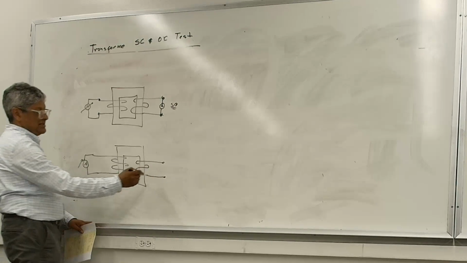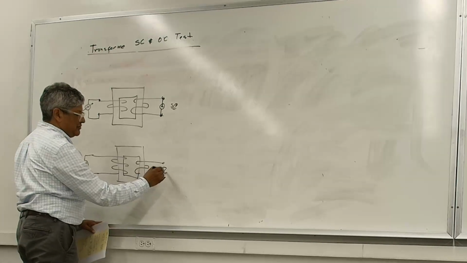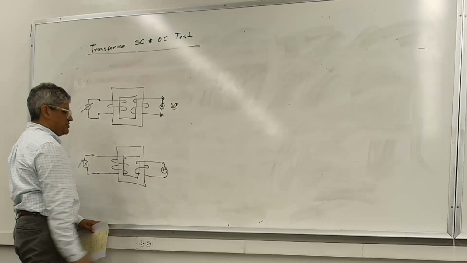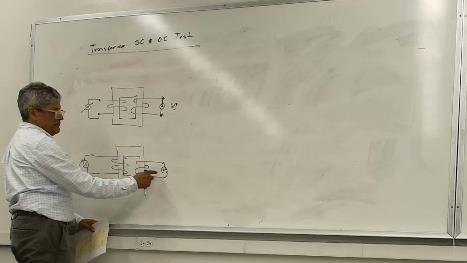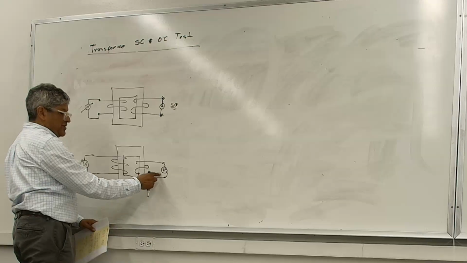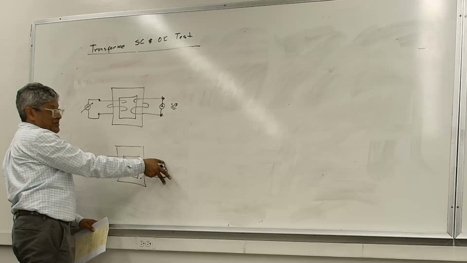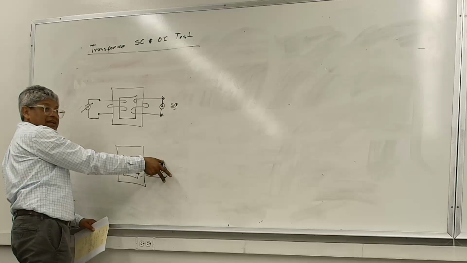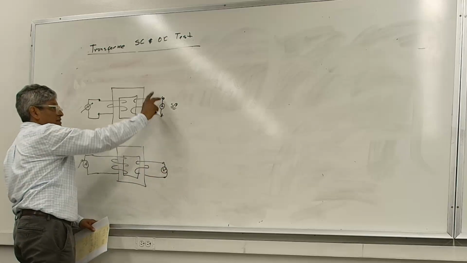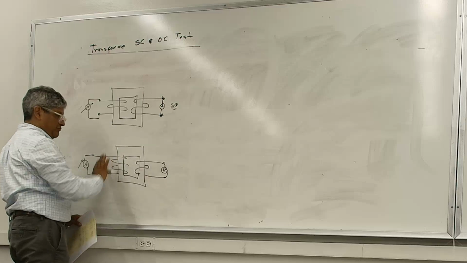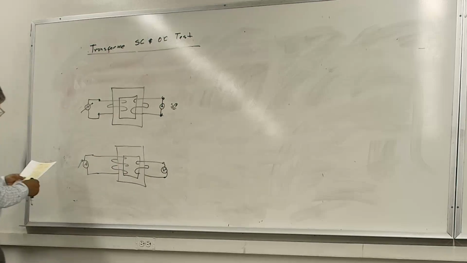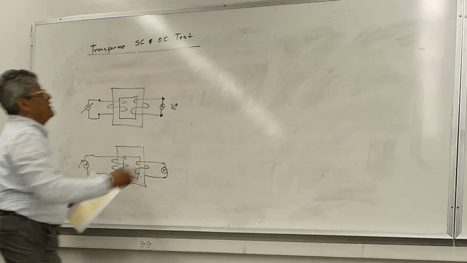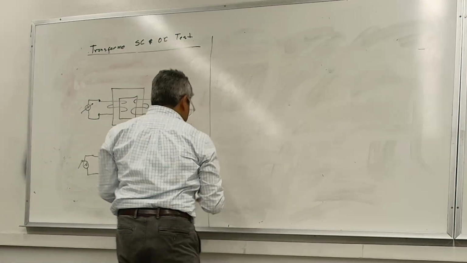I have a voltage measurement across it. The voltmeter has a very high impedance, so for all practical purposes, when you put it across, it looks like an open circuit, and a low impedance looks like a short circuit. That's the idea. So let me start with the short circuit test connection.